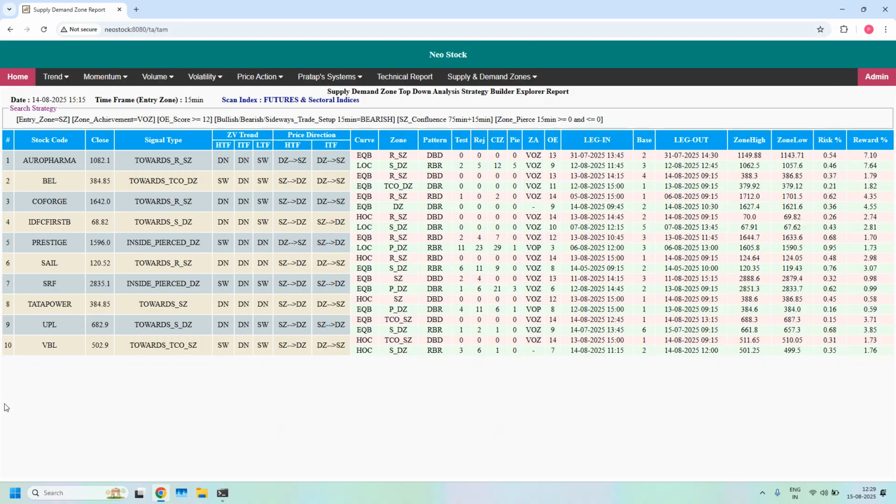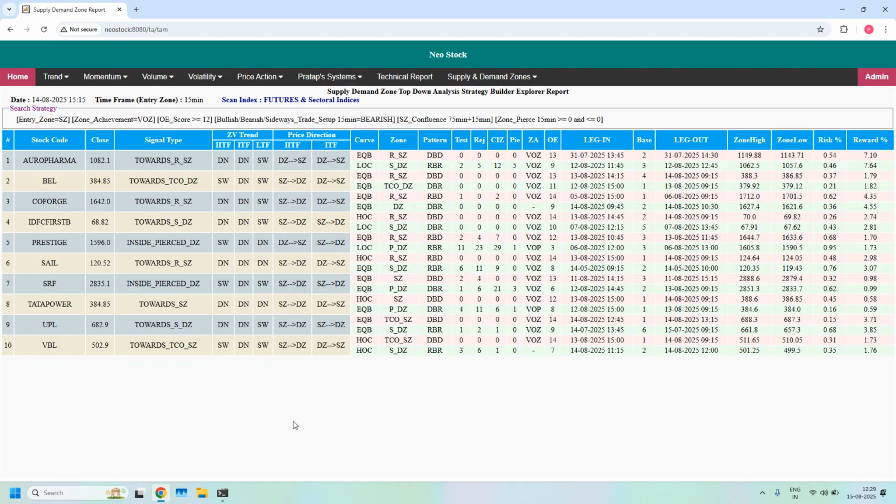We got 10 stocks. In all the 10 stocks, all these 15 minute supply zones overlapped with the 75 minute supply zone. And also the 75 minutes trend, that is ITF trend, is downtrend in all the stocks.